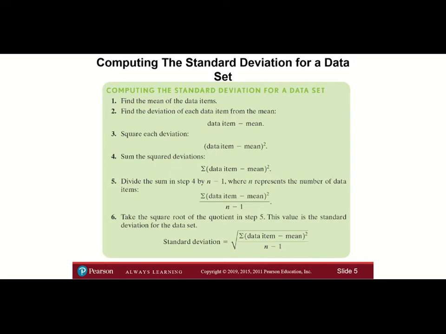Then you divide that sum by n minus 1, where n is the number of data items. In our case, we had 4 data items, so we would do 4 minus 1 and divide by 3. After that, you take the square root of that value, and that will give you your standard deviation.